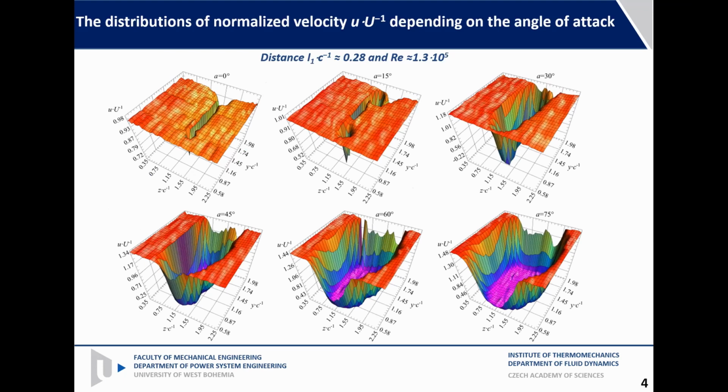Firstly, we looked at how the wake behind the airfoil changes at different angles of attack. You can see some interesting moments: at 15 degrees we can clearly observe vortex tips, and then if we increase the angle we cannot see them, because the wake becomes thicker and the vortices larger.